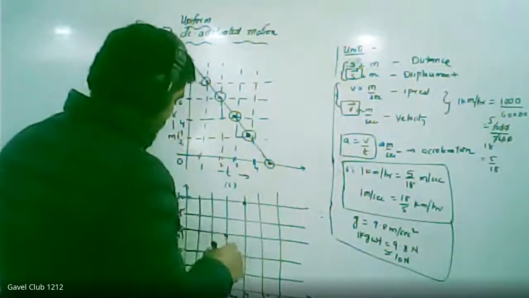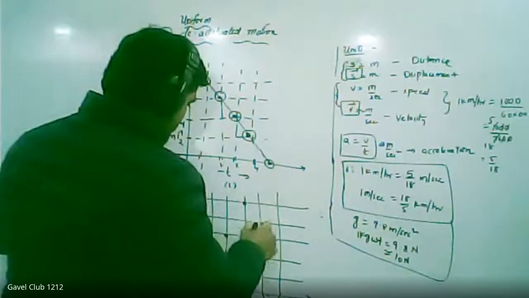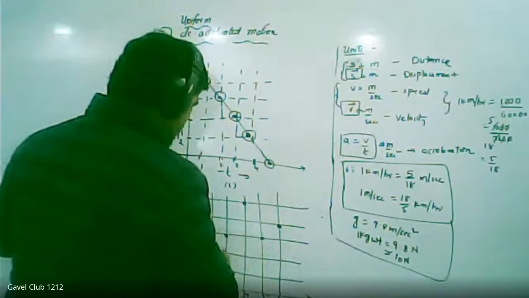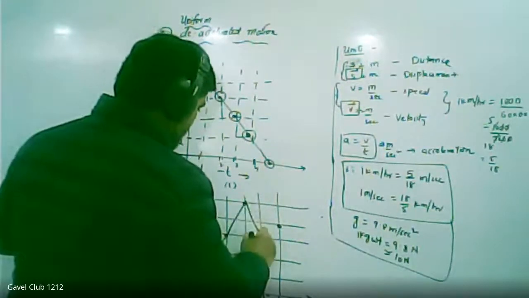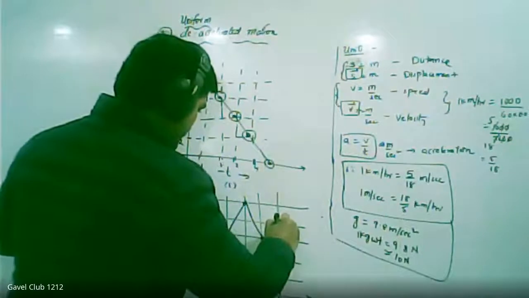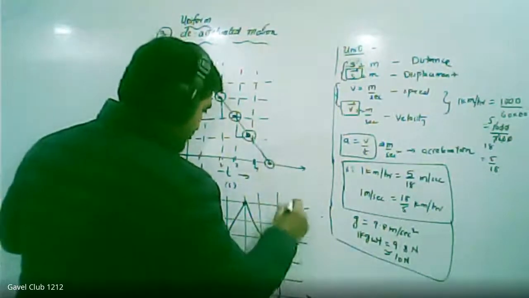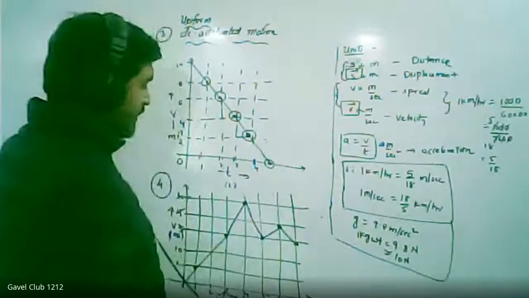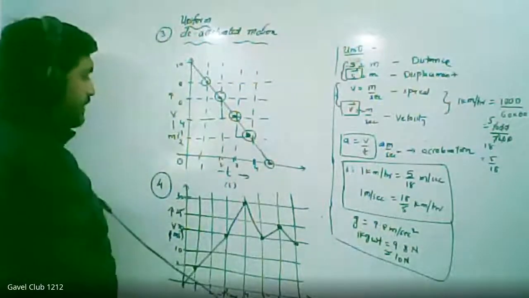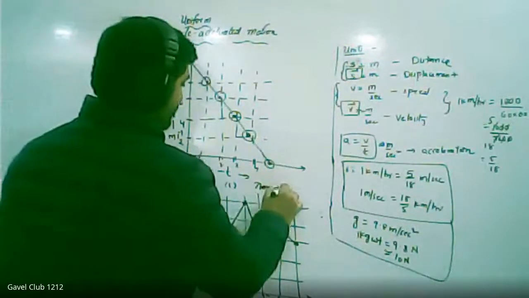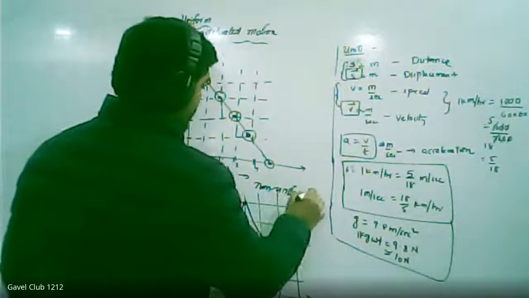Like this it goes on. Again after some time it is decreased. Again it has increased like this. If you get a graph like this, it is a non-uniform motion. So we can say it's a non-uniform accelerated motion.